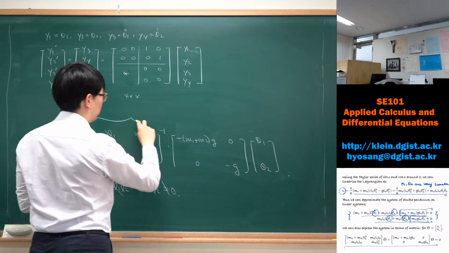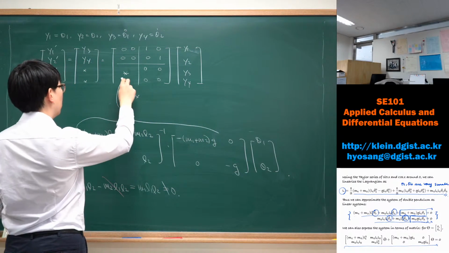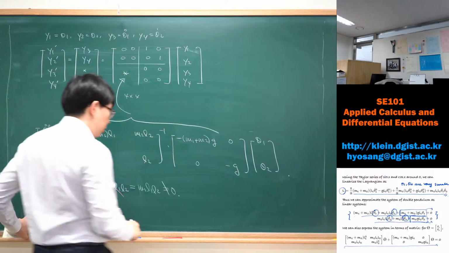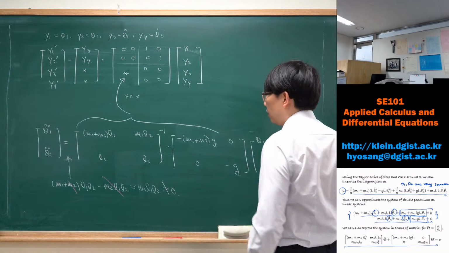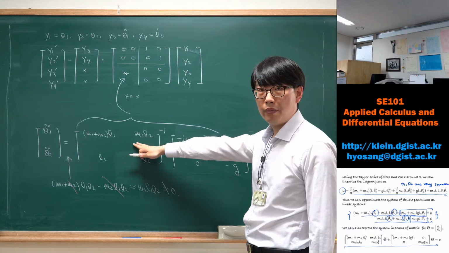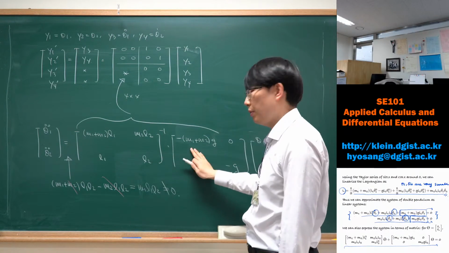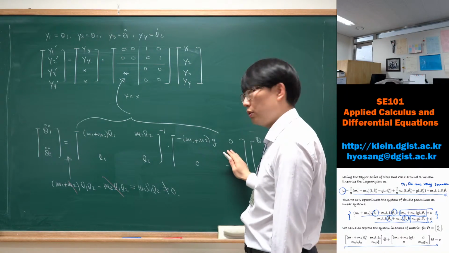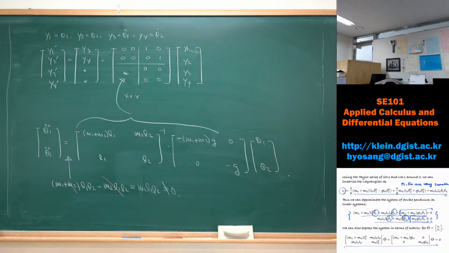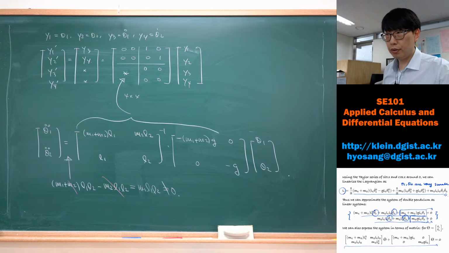Okay, so this matrix goes to this place. Well, you can compute the inverse matrix of the 2 by 2 matrix, and multiply these two 2 by 2 matrices again. Suppose that you have already done that. Let me show you the MATLAB code for finding this numerical solution.